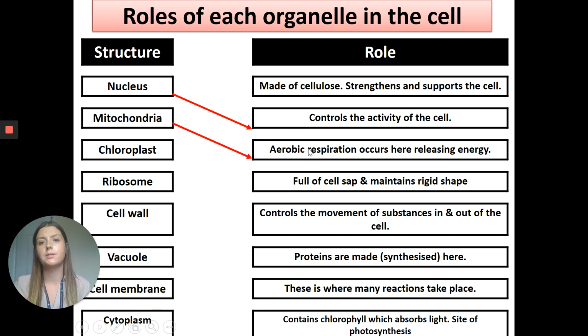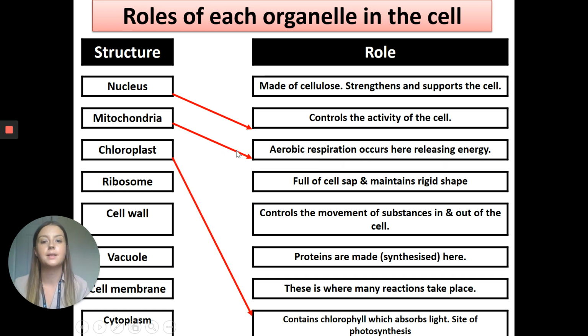And you'll also notice that I've mentioned aerobic specifically. Now, you wouldn't be discredited for just saying respiration in your exam. That'd be totally fine, but anaerobic respiration occurs in the cytoplasm. So that might be something, if you're thinking of doing biology later, which I hope you all are, that will mean you've got that bit of extra knowledge.